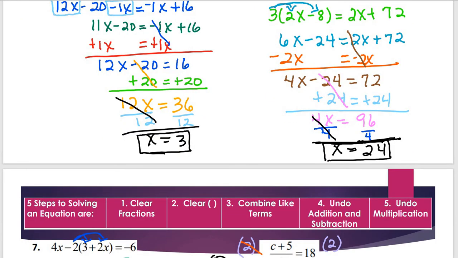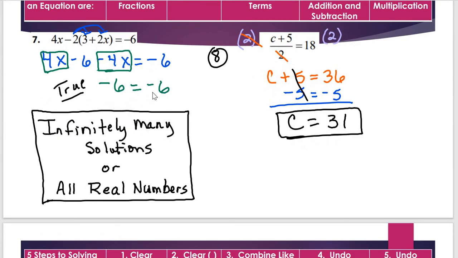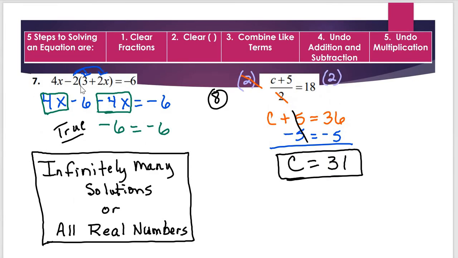Now, when I look at this one right here, just like before, we're going to use distributive property to get rid of these parentheses right here. So when I do this, this is what I'm going to have left. And when I multiply -2 times 3 is a -6. -2 times 2x is a -4x. And bring down your other 4x.